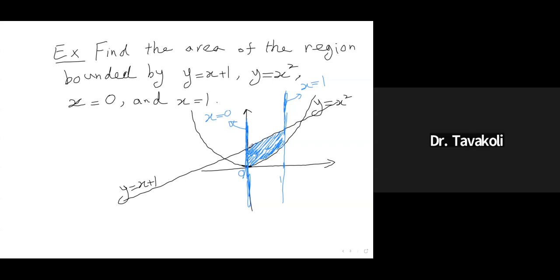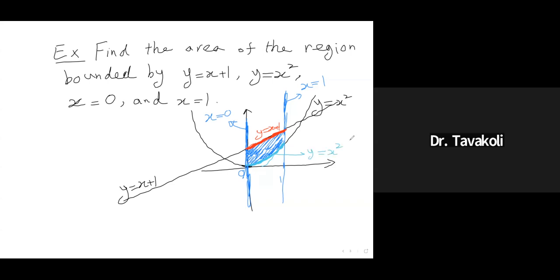Like this, the upper boundary is part of the line y equals x plus 1. And this lower boundary here is part of the parabola of y equals x squared.